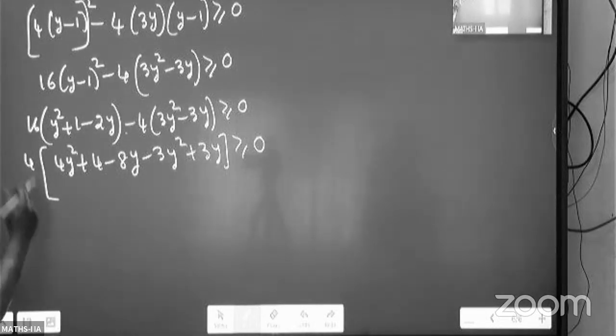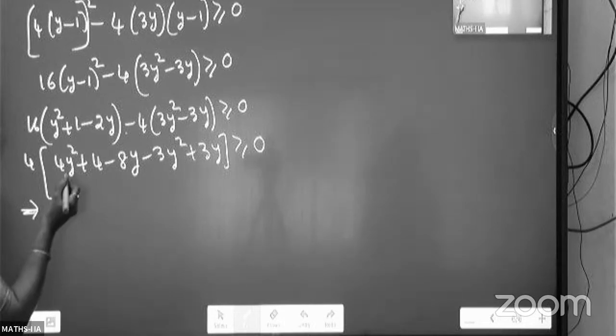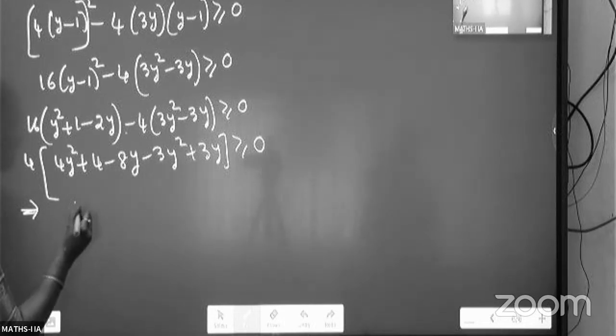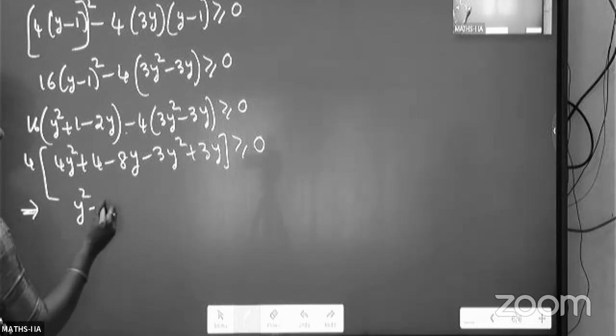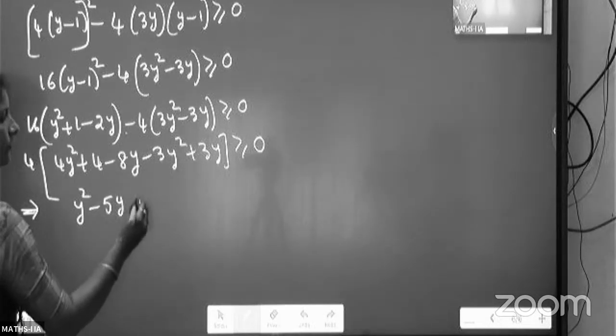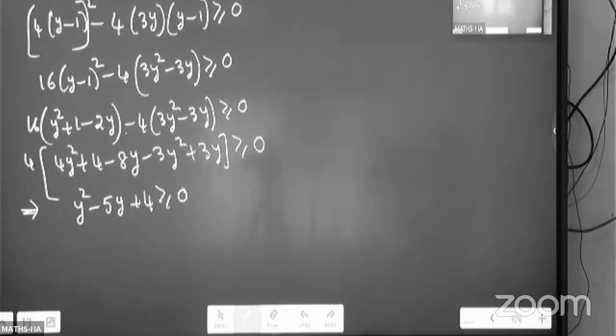4 is a constant. It goes to the right side, so it becomes 0. So what is left here? 4y square minus 3y square is y square. Minus 8y plus 3y is minus 5y, plus 4, which is greater than or equal to 0. Now, it is a perfect quadratic equation again, right?